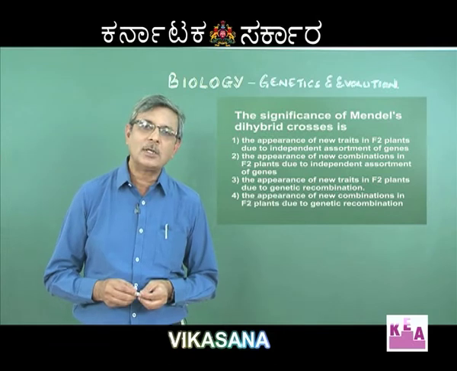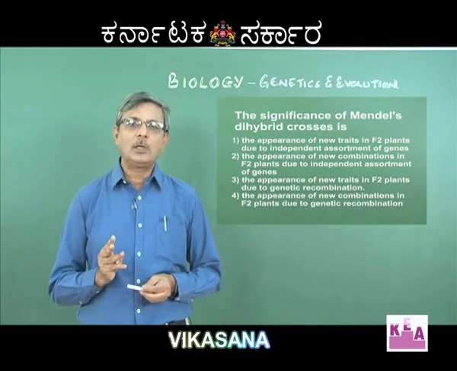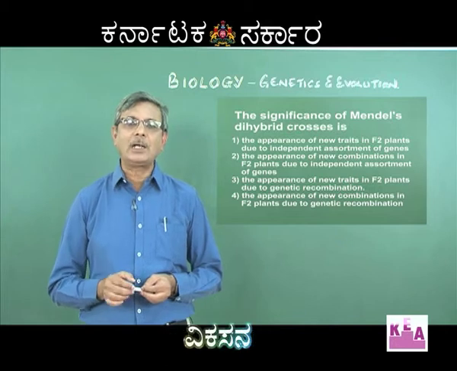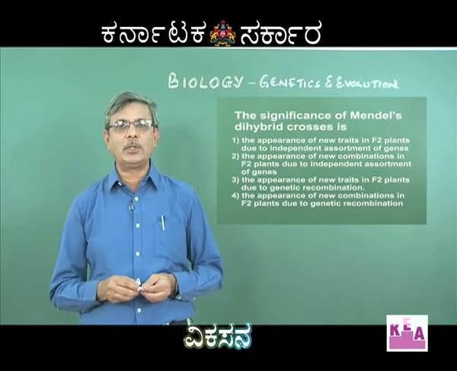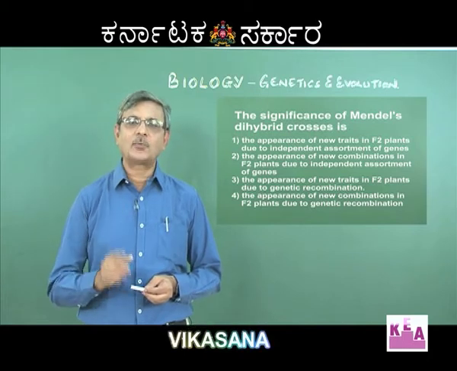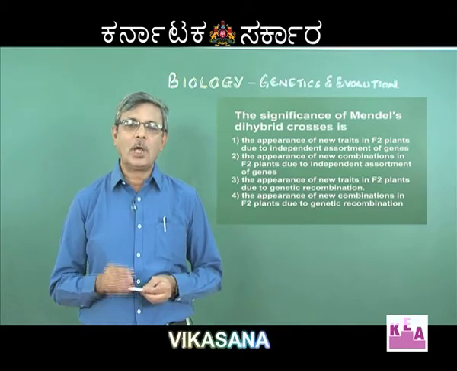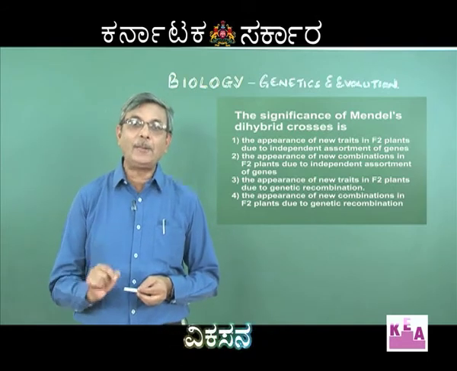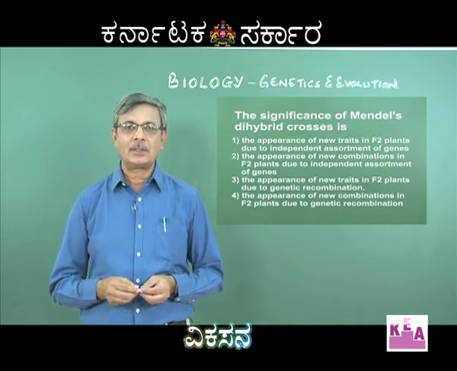My dear friends, you know the three laws discovered by Gregor John Mendel on the basis of his experiments on Pisum sativum are law of dominance, law of segregation or purity of gametes, and law of independent assortment.